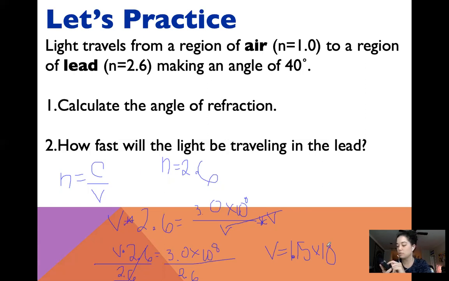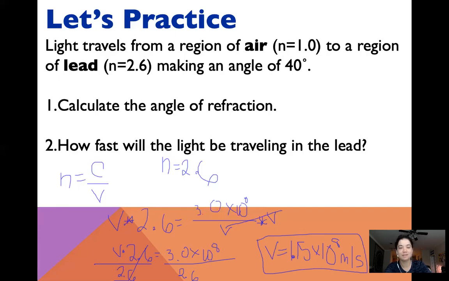I see 1, 2, 3, 4, 5, 6, 7, 8 times. So by putting a decimal here, I add times 10 to the 8th, and we have the same value. Add your units, because velocity has a unit of meters per second. And that's it.